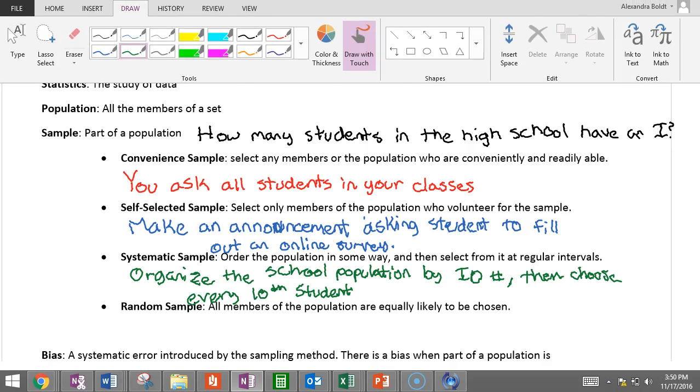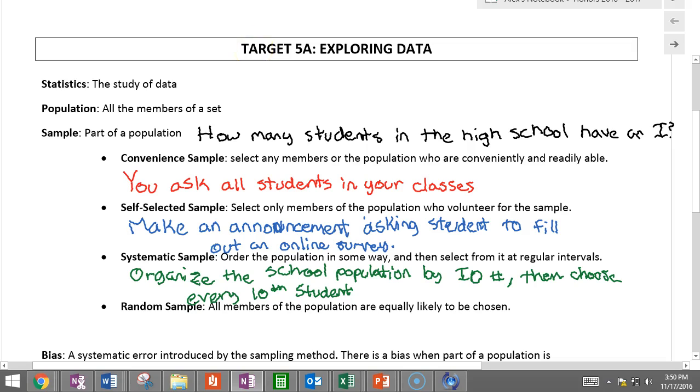And then our last type is a random sample. All members of the population are equally likely to be chosen.